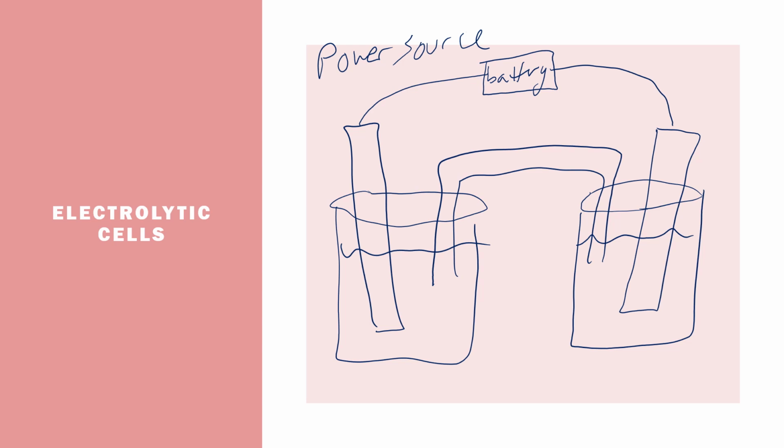We're going to look at factors including current, charge, and time that you apply the power source, because all of that has an effect on how much that electrolytic reaction can happen. And we call the reaction that happens in electrolytic cells electrolysis. And it can result in some really interesting things.